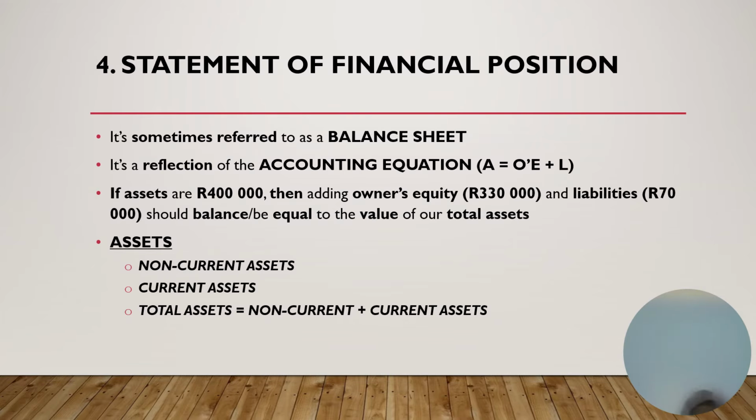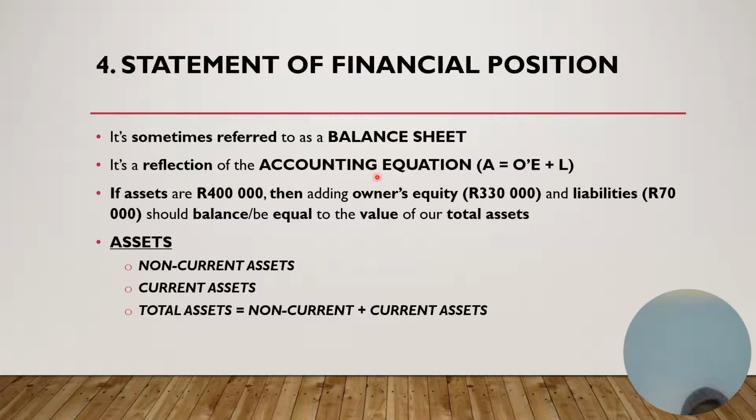The next slide talks about the statement of financial position, which is sometimes called the balance sheet. So the balance sheet reflects an accounting equation. You are going to see the structure.